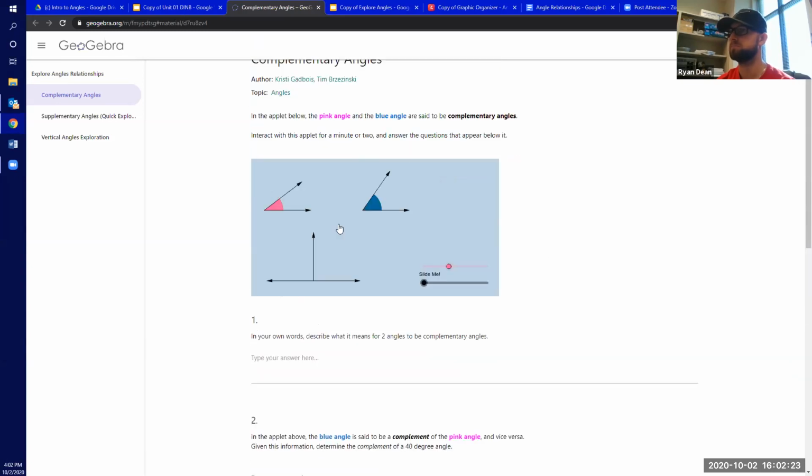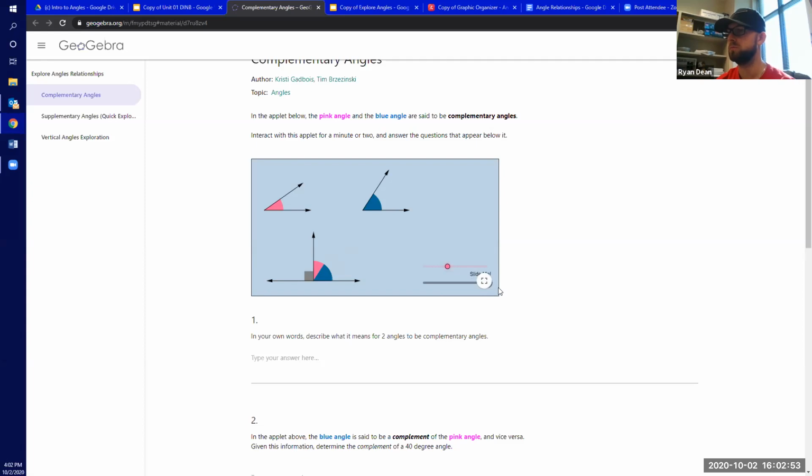Okay, so it says in the applet below, the pink angle and blue angle are said to be complementary, and they want you to interact with it to basically show that it is. Right, so I can come here and I do the pink. There are different tools that you can use to slide it.